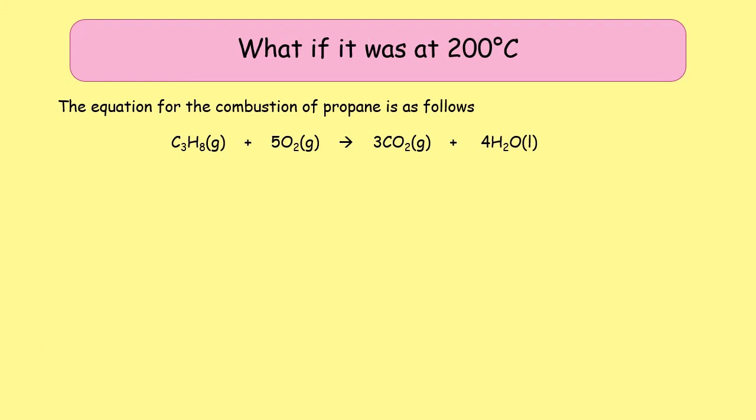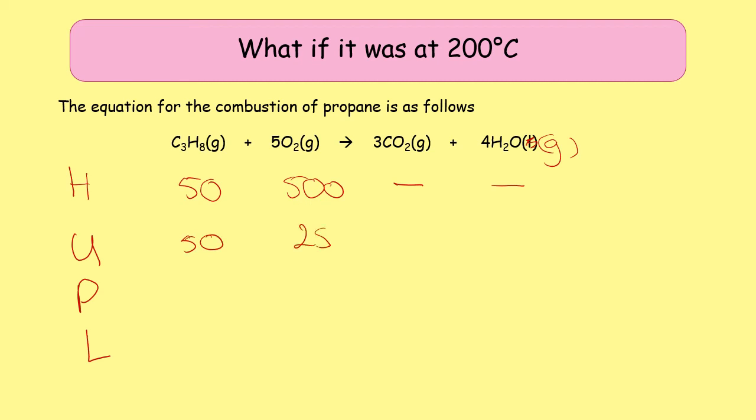Now again, if it was at 200 degrees and we did the same thing, the water would now be a gas. So that would change. So what we have, use, produce, and left over. Well, remember we had 50, we had 500. We never have any products to start with. We used 50, 250.